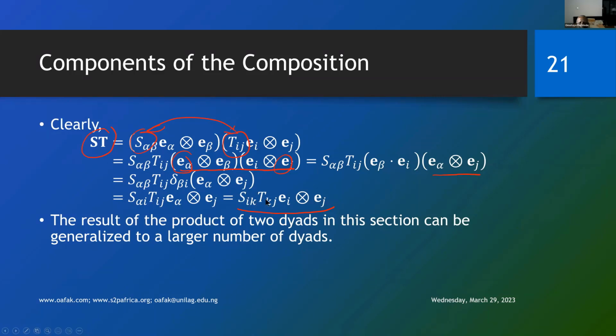It is S_ik e_kj, which is S_i1 e_1j, S_i2 e_2j, and S_i3 e_3j. So it's those three things that are available in each one of the 9 components. So these are the components of the composition.